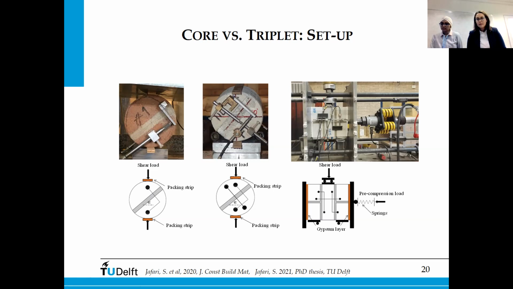When we are applying the shear force on the middle brick, all three bricks at the bed joint try to dilate due to the Poisson effect, right? Of course, yes. So it will increase the level of pre-compression, right? Yes, but we have a spring that tries to control that.